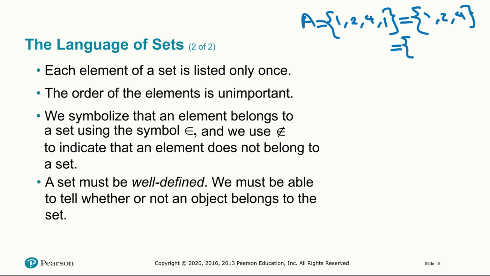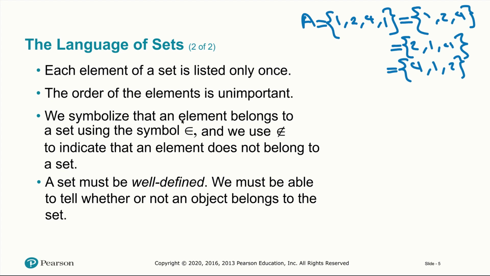I could have written it as 2, 1, 4. Same thing, no problem. Or I could have written it as 4, 1, 2, or any permutation of those three numbers. They're all the same set. They all contain the numbers 1, 2, and 4.